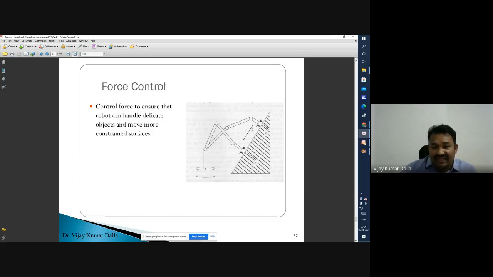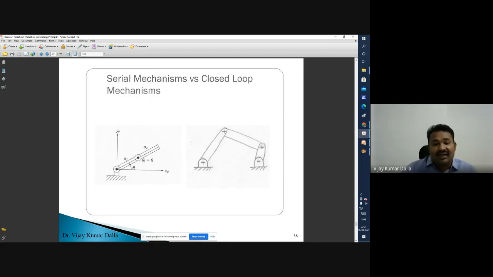So along with trajectory tracking, we also need to take care of force. Control force to ensure that the robot can handle delicate objects and move on constrained surfaces. And again, this is versus serial manipulator and parallel manipulator in terms of mechanism.